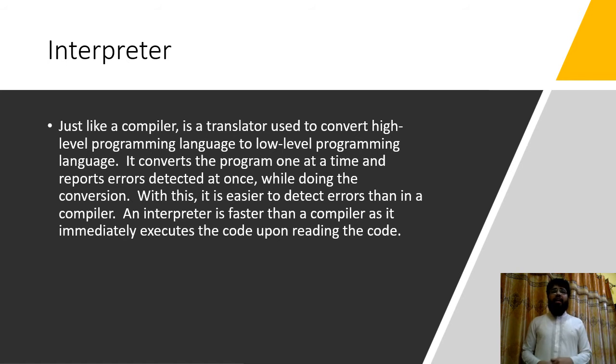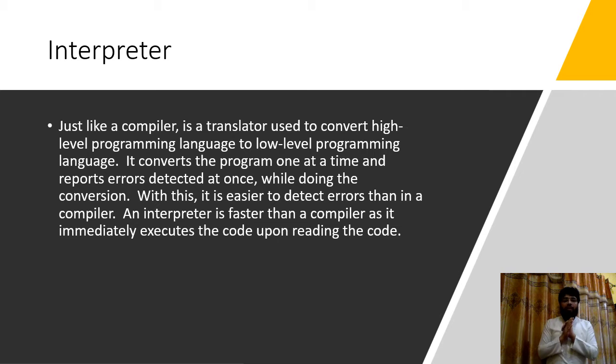Now, the second is an interpreter. An interpreter, just like a compiler, is a translator used to convert a high-level programming language to a low-level programming language. It converts the program at a time and reports errors detected at once.